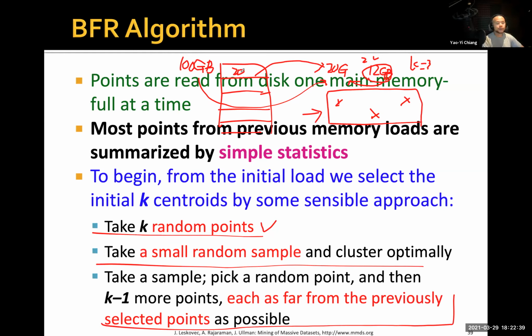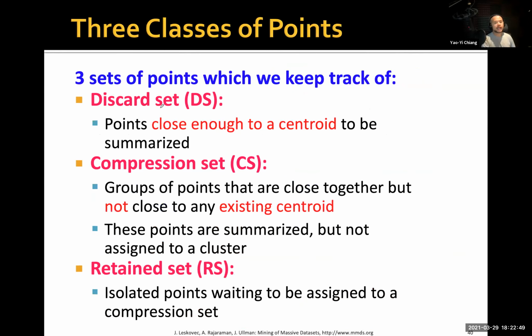Now you haven't finished processing the first load yet. You still have 20 gigabyte, you still have some memory for calculation. So what do you do next? The next step is we are going to look at 3 different types of points in your first load, 20 gigabyte.